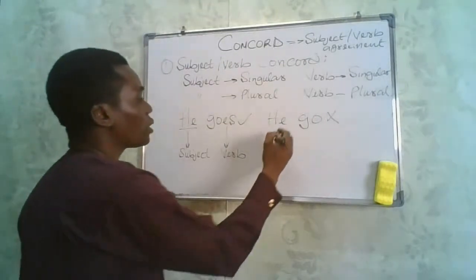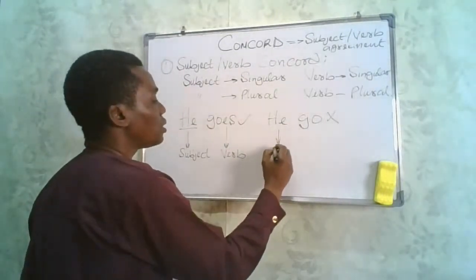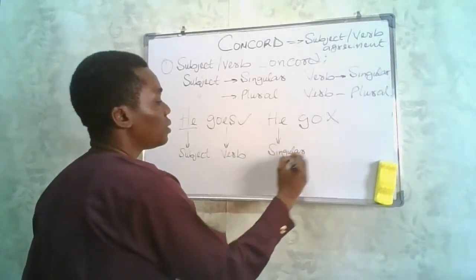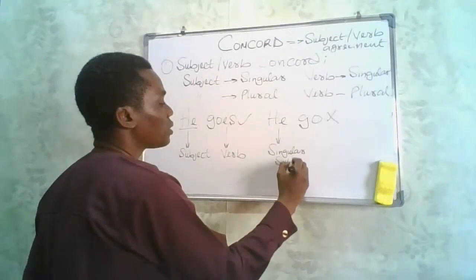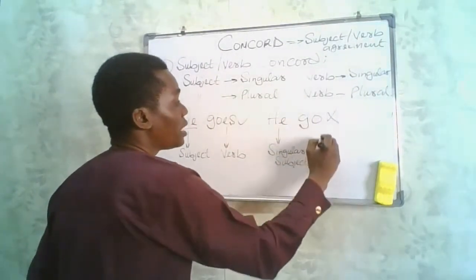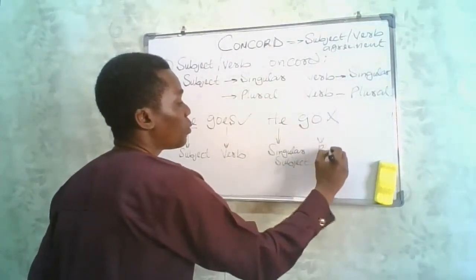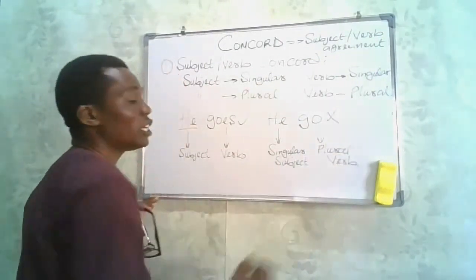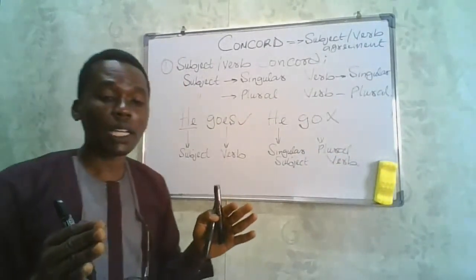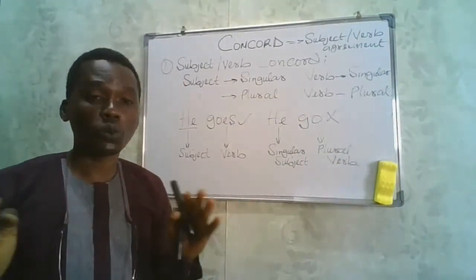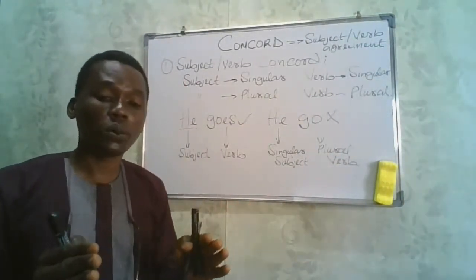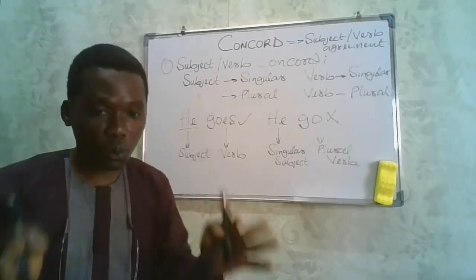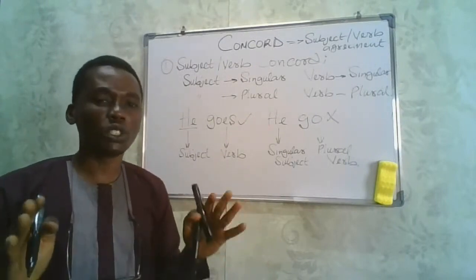So this is wrong because this is a singular subject with a plural verb. You see, it doesn't rhyme, and that is why we say that won't work. So when the subject is plural, then the verb should also be plural. That's the point you should note.